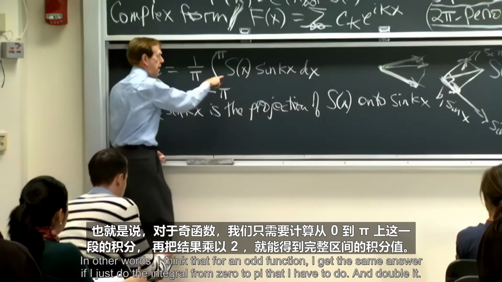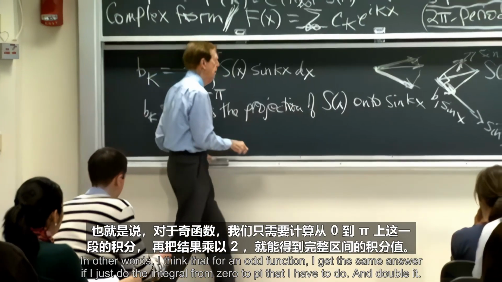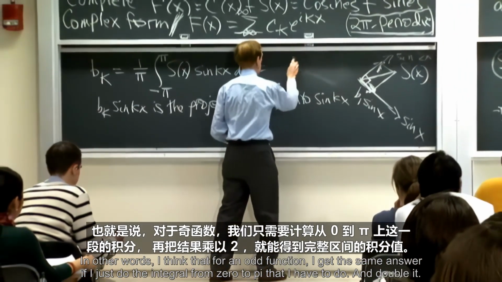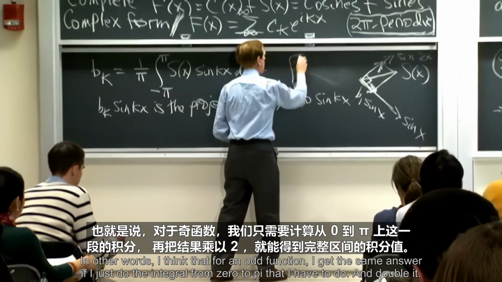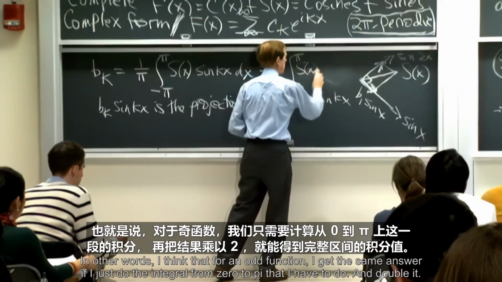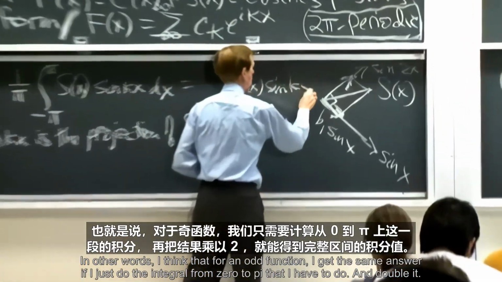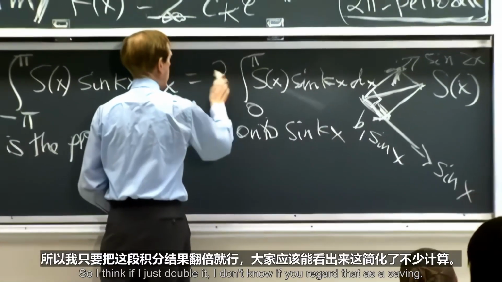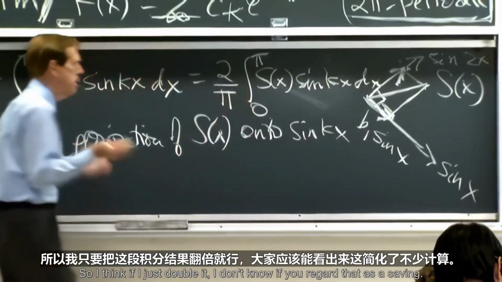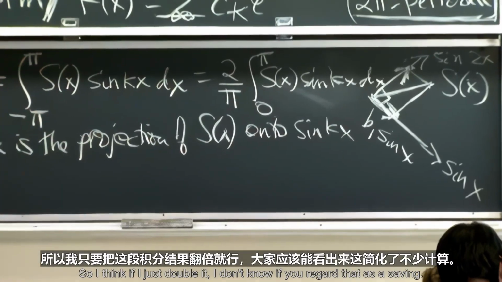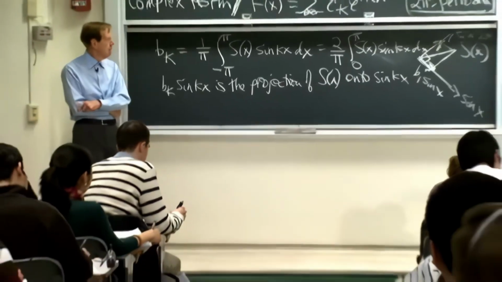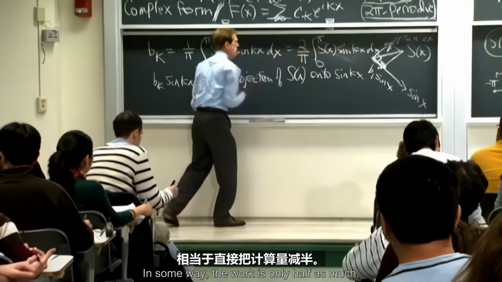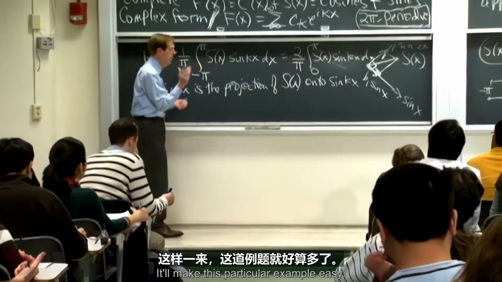In other words, for an odd function, I get the same answer if I just do the integral from 0 to pi and double it. I don't know if you regard that as a saving. In some way, the work is only half as much. It'll make this particular example easy.